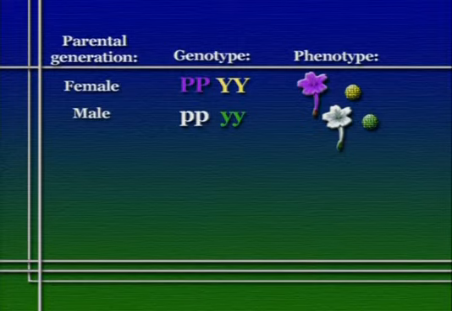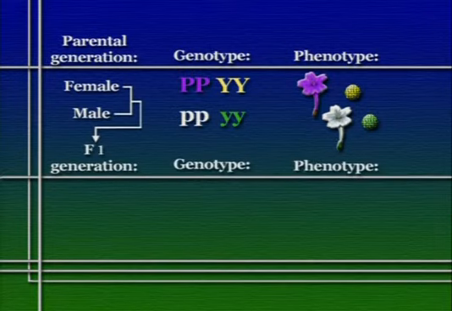It would have a little p and a little y allele. Now, what we're going to do is ask what happens if we cross those two individuals, just as we did in the monohybrid cross we did last time, except now looking at the fate of these two traits as offspring are produced.